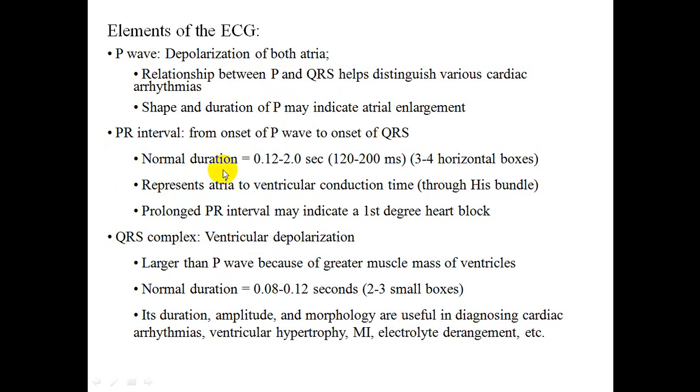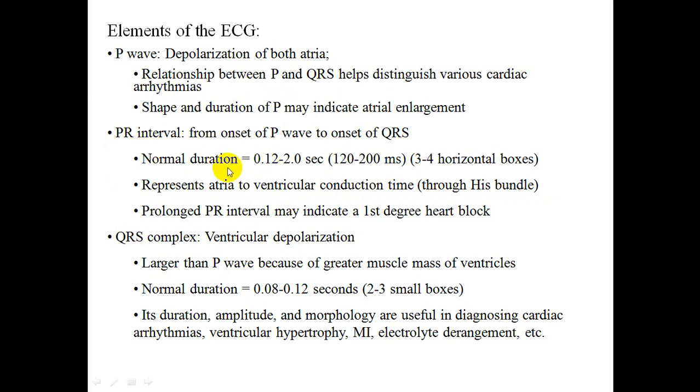Normal duration is 0.12 to 0.2 second. It means 3 to 4 small squares horizontally, which equals 120 to 200 milliseconds. If it is 3 to 4 small squares, this is normal. If it's less, it's called short.